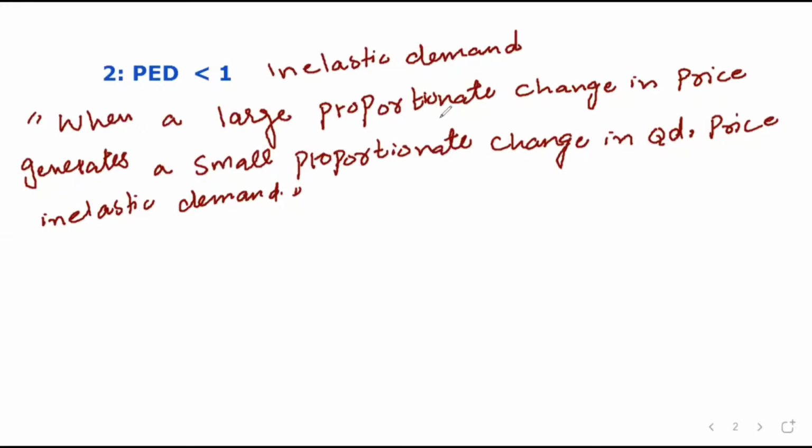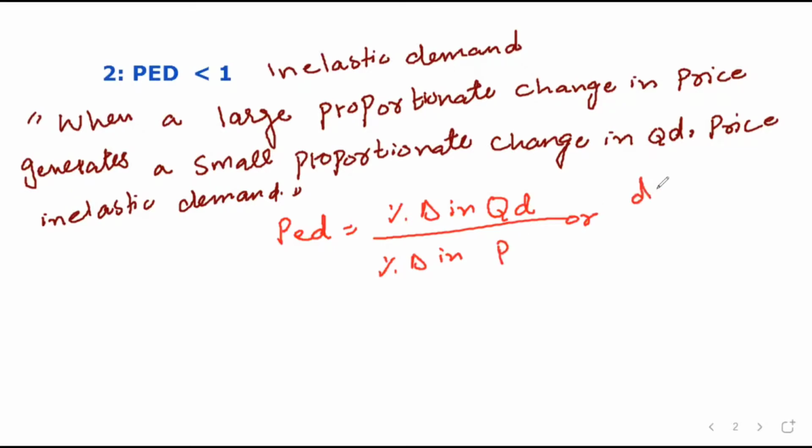So the formula will be the same. We will write the formula again. PED is equal to percentage change in quantity demand over percentage change in price, or you can write delta Q over delta P into P1 over Q1. So let's have a numerical so that you can understand easily. I'm taking first P1 the same as we took earlier, $10 price, and quantity demand of anything is 100 units.